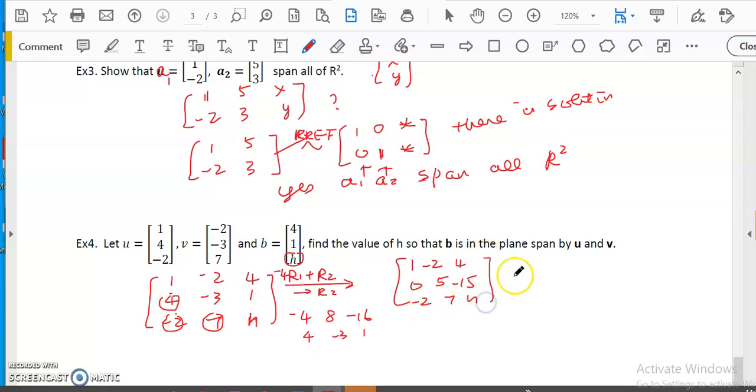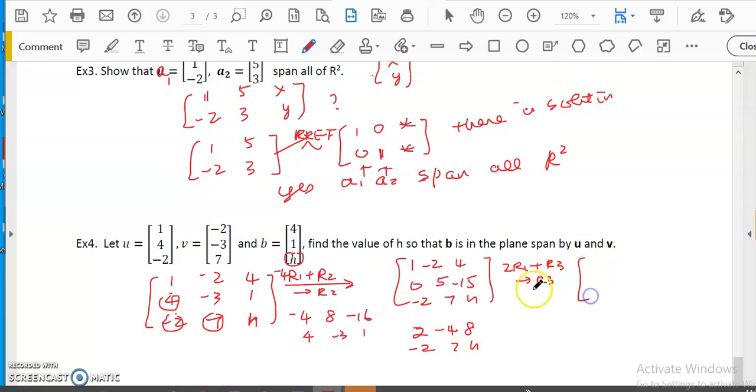To get rid of this 0, I would do 2 times R1 plus R3, put into R3. 2, -4, 8, -2, 7, h.